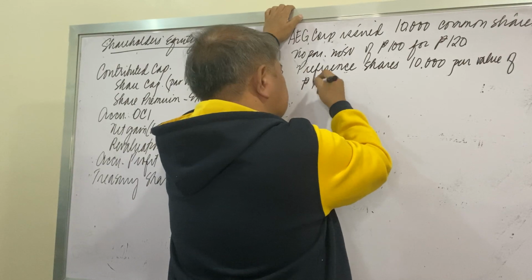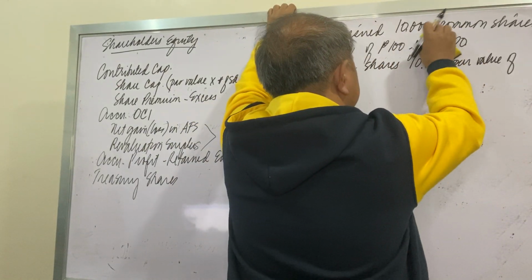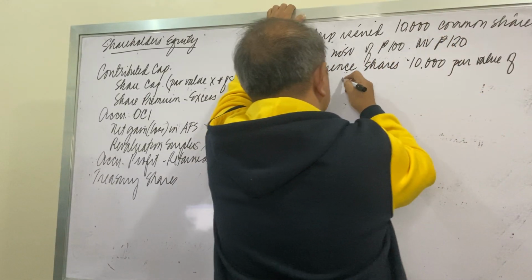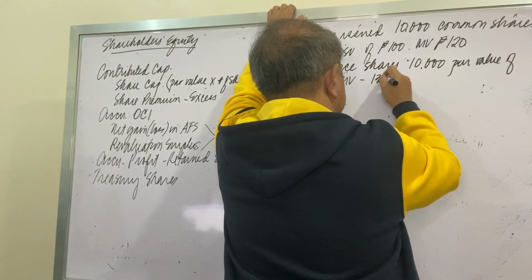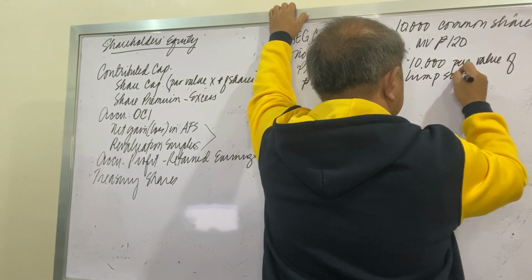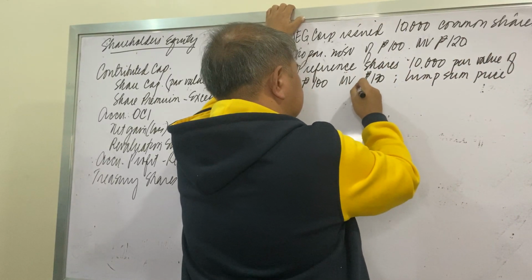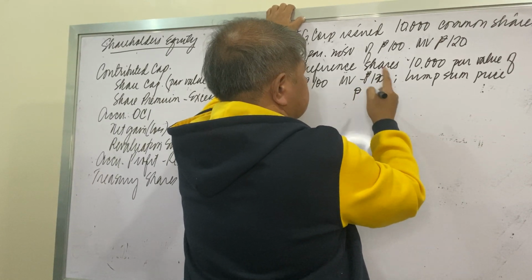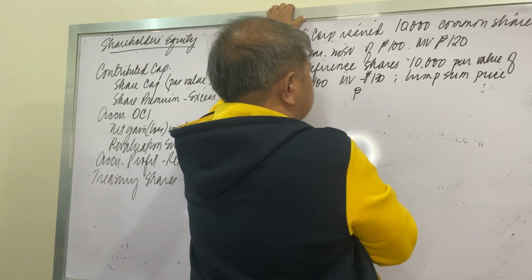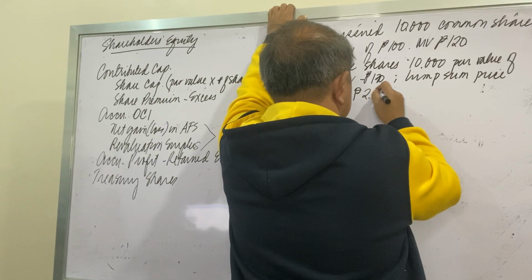Now let us assume the market value of the preference shares is 130, and the lump sum price is 2.5 million.